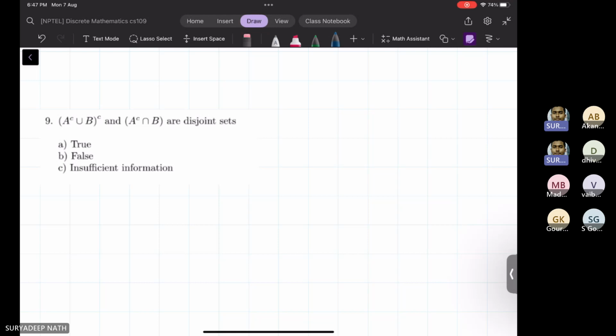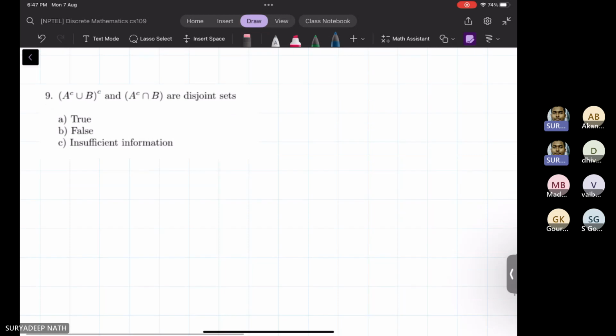So in question number 9, you have (A complement union B) whole complement and A complement intersection B are disjoint sets. What are disjoint sets?